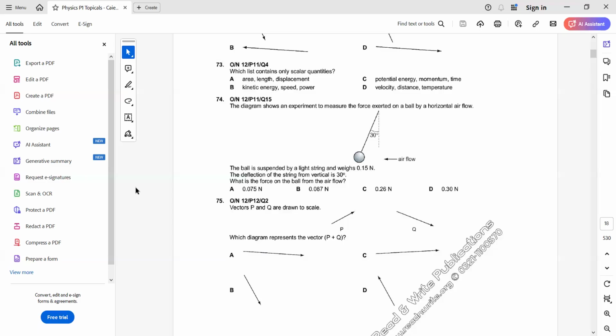There's the answer B. 74. Yes. Yeah, the answer is B. And what about 75? A. Yes, correct. So nice.